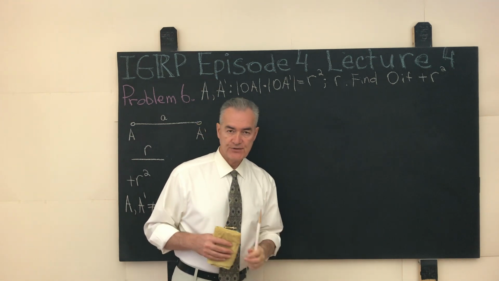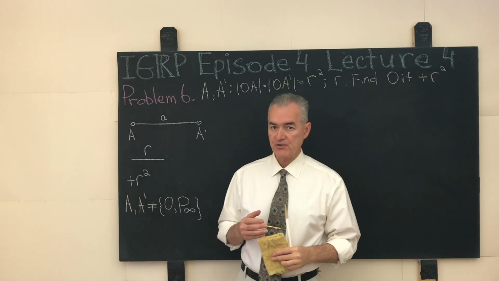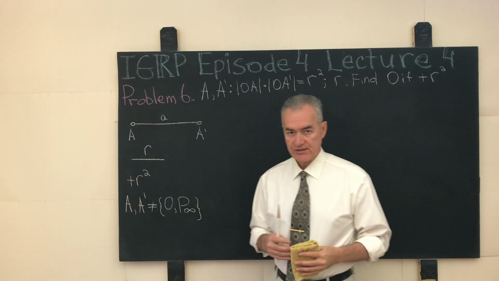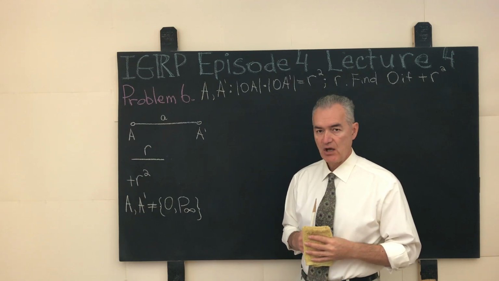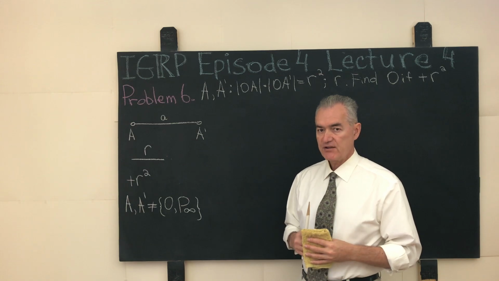And it should be understood that precisely because this course is based on synthetic geometry, what we're given in this and all the other problems that we'll come across in this course are the geometric objects themselves, not their coordinates.